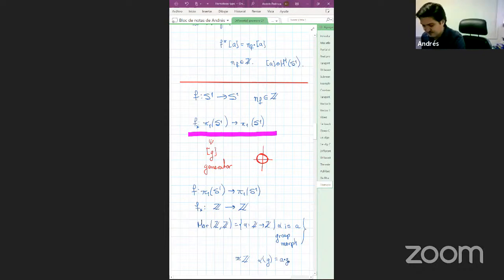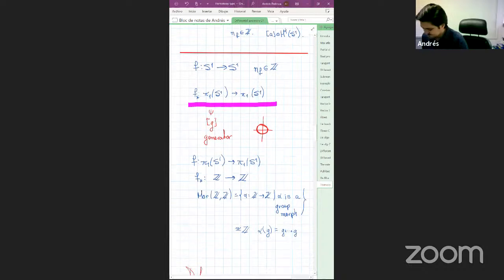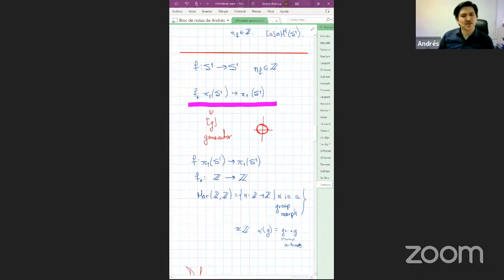I'm using additive notation here; if we use multiplicative notation, it would be like this. So any morphism from the integers to the integers is determined by one number, one integer.